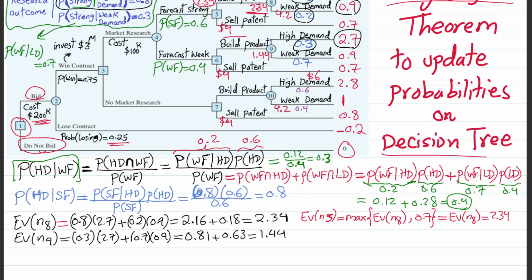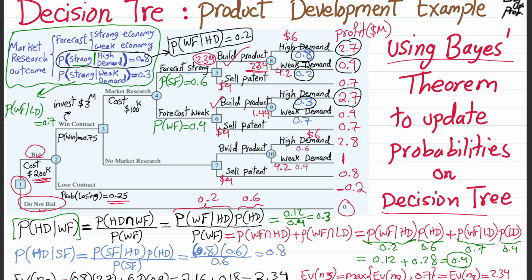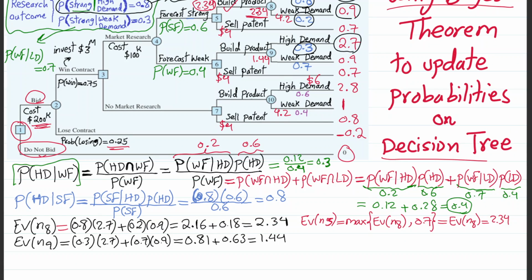This check mark means I am going with that decision. And I am going to write $1.44 million above decision node number 6. So the expected value of decision node 6 is the max of EV of node 9 and 0.7, which is naturally EV of node 9, 1.44.